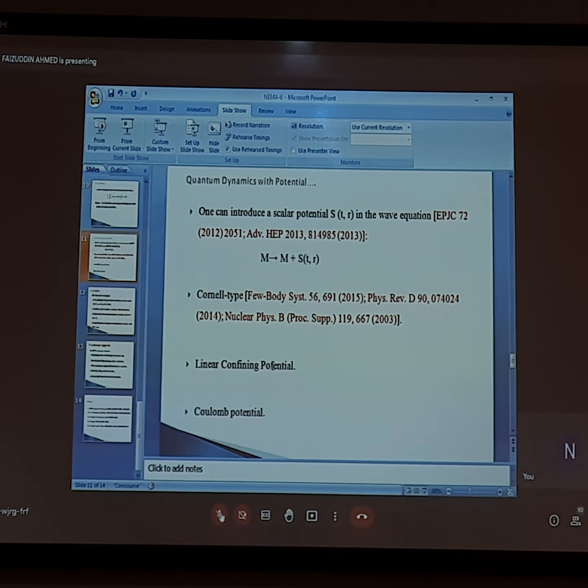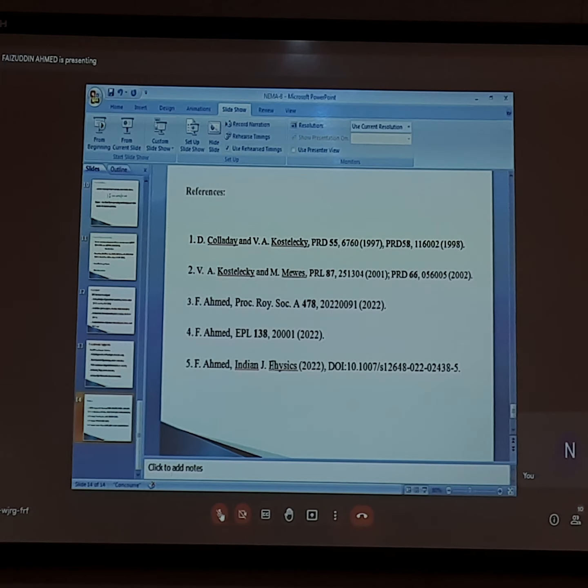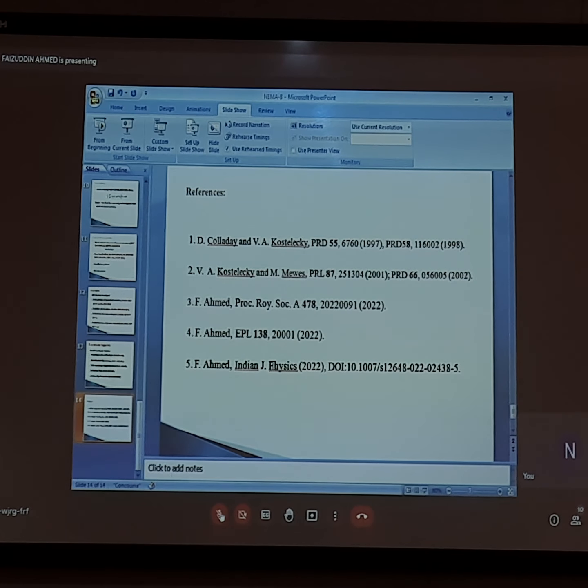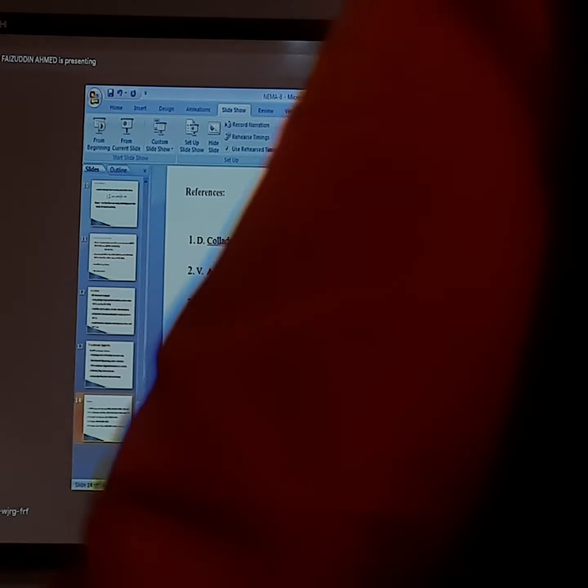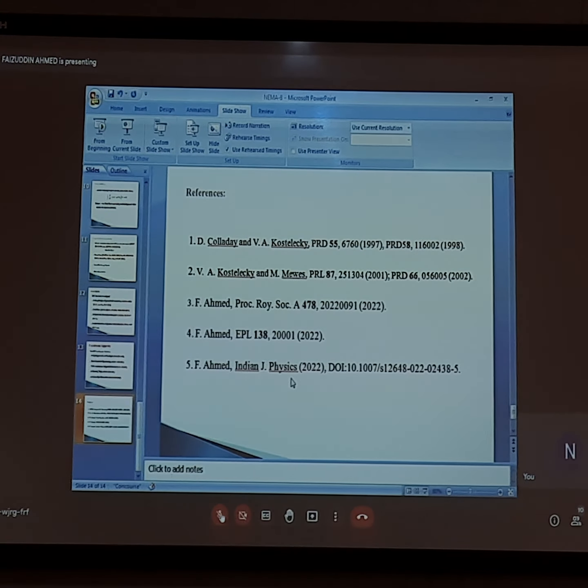So research scholars can study the dynamics of these particles and the Lorentz violation, for spin half or spin zero particles. These are the tests we have done in 2022, published in Physical Society A, European Letters, and accepted recently in Indian Journal of Physics.